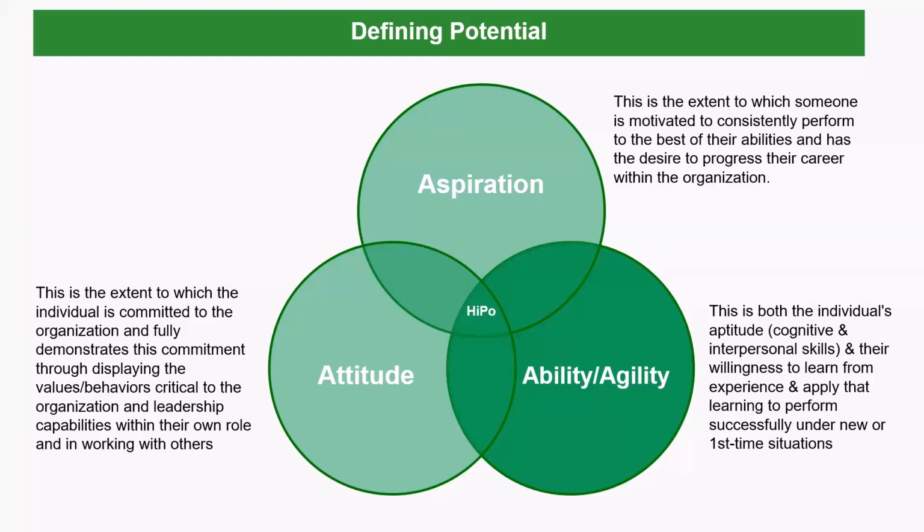Then the next is the attitude. You want to ensure that this person's behaviors and attitudes are in alignment with the values of the organization. And what are values? You have your defined values, the core values of your organization.